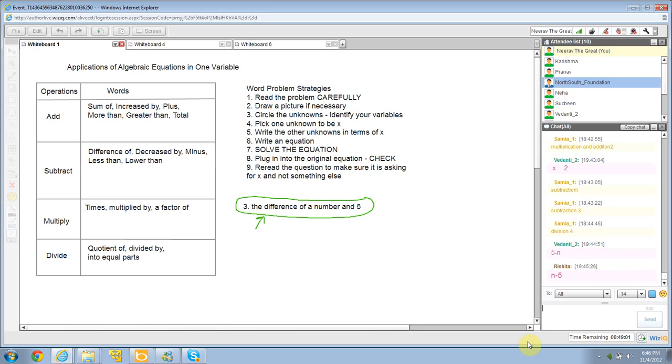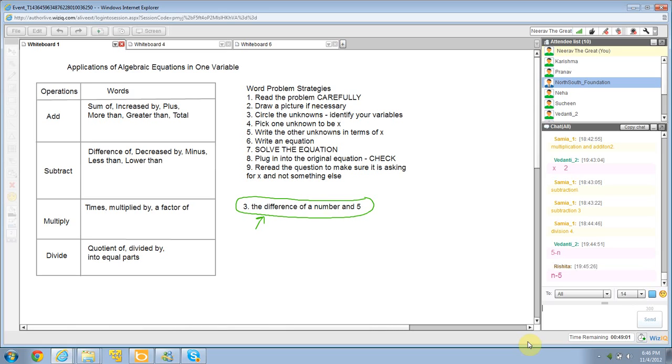Okay, so you guys are on the right track. For the most part, you got it right. So it's saying the difference of a number and 5. So it is n minus 5. Because remember, when we say subtraction and we're using the difference of or difference between, this first part, a number, will come first, and then the 5, with the subtraction sign in the middle.